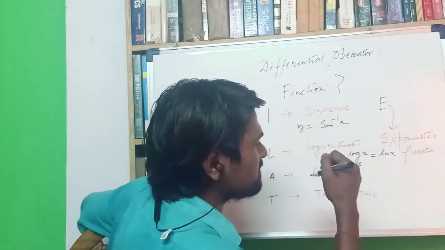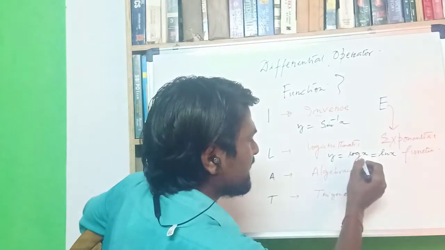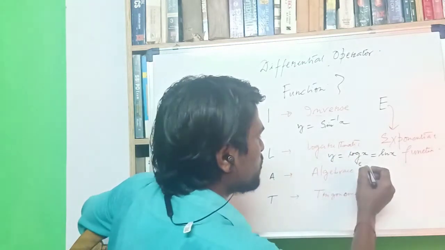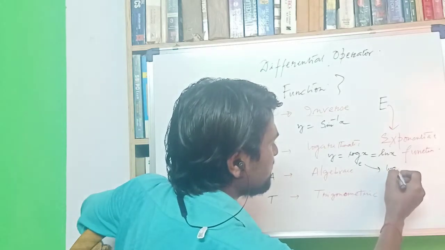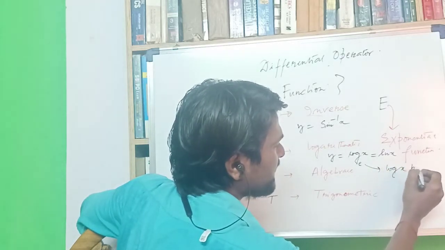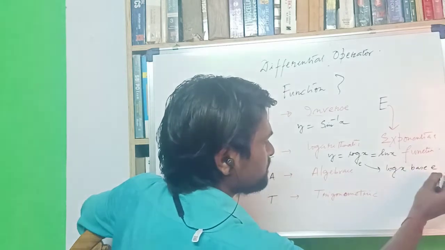So log x base e, you have to read it as log x base e.